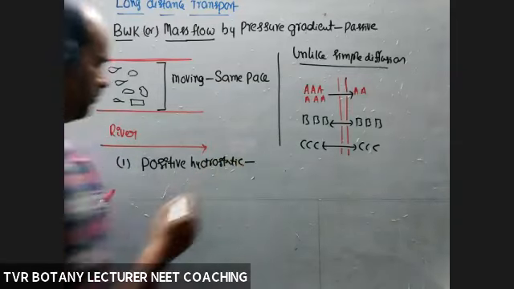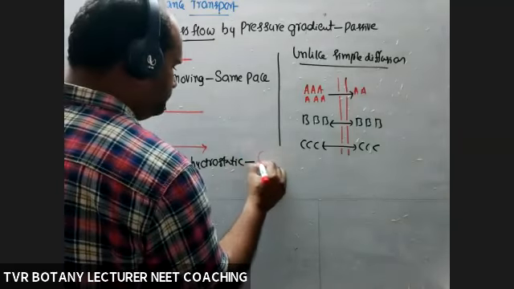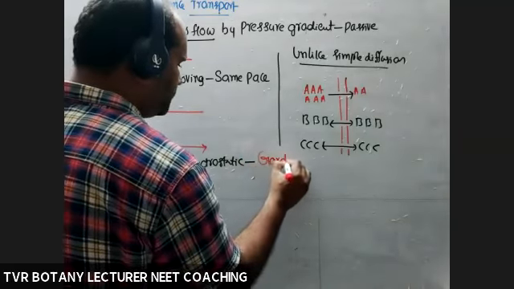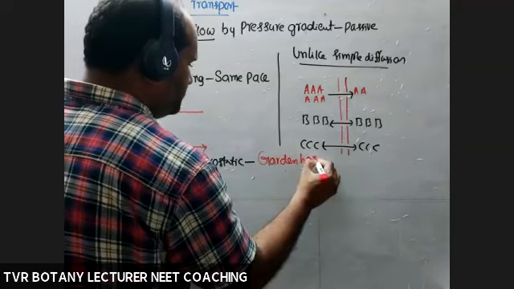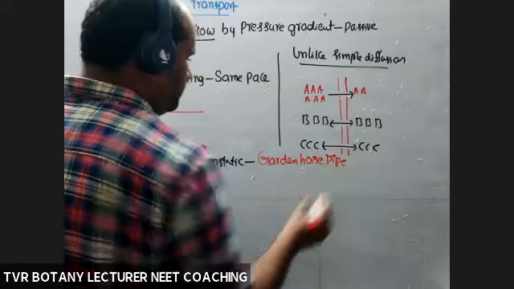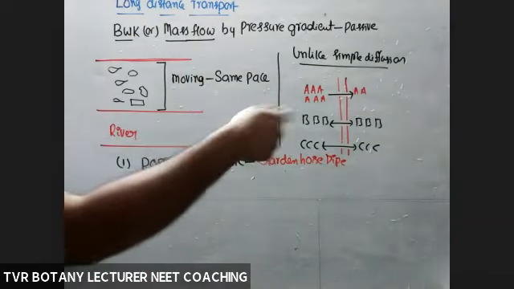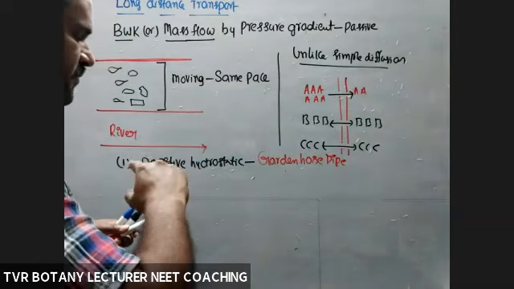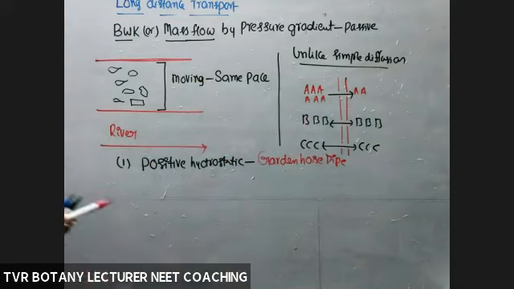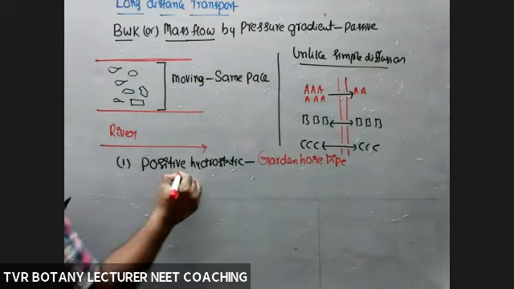What is that? Positive hydrostatic pressure? For example, a garden hose pipe, that is a sprinkler. With an electrical motor, water is pushed into that water pipe. So what about that water, pushed or not? Positive. So positive hydrostatic pressure means it is a pushing.